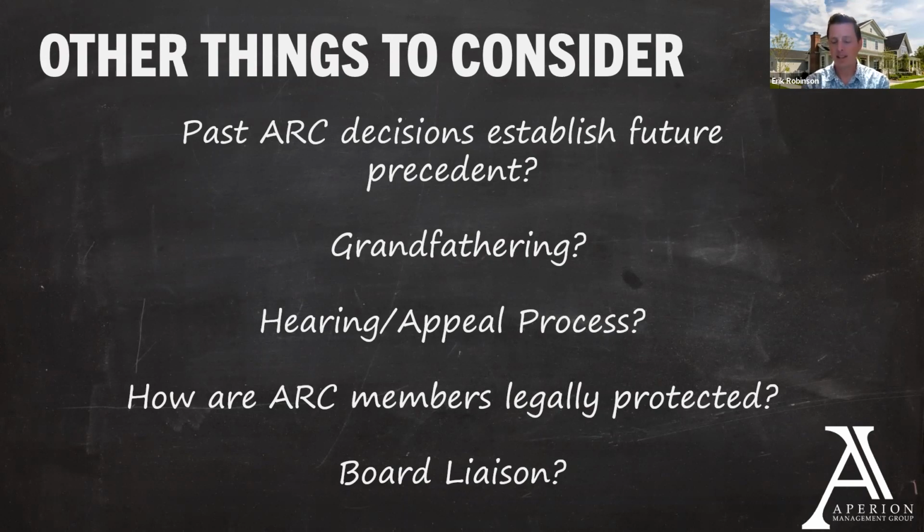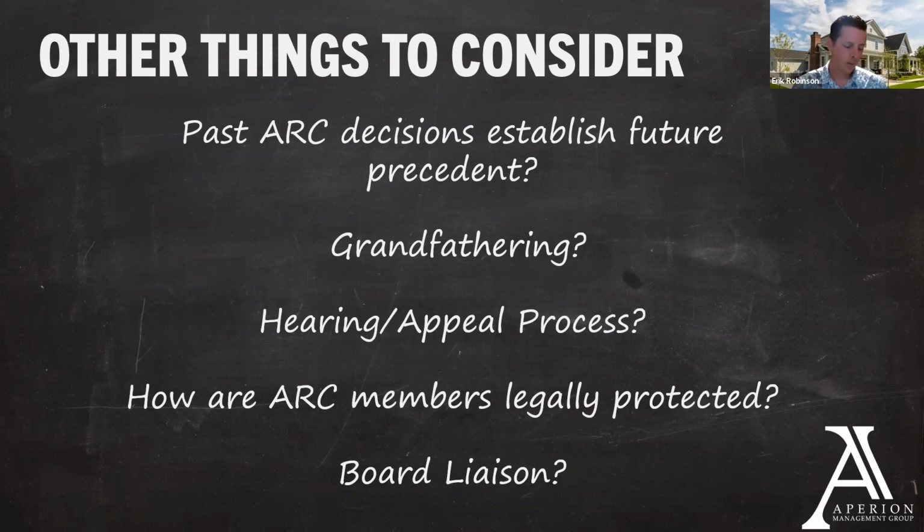And if it does, you're going to hear about it. They'll say that address has this thing that I want, and you're telling me no, but it already exists here, so you have to let me do it. That is a very, very standard thing that's going to happen during this process, especially if there's a contentious thing that an ARC and an owner are going back and forth about.